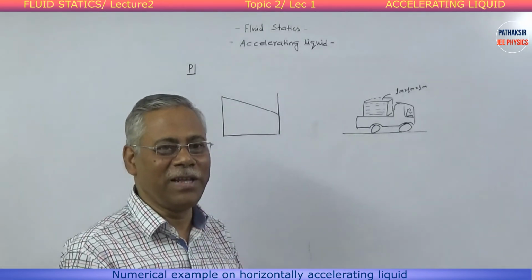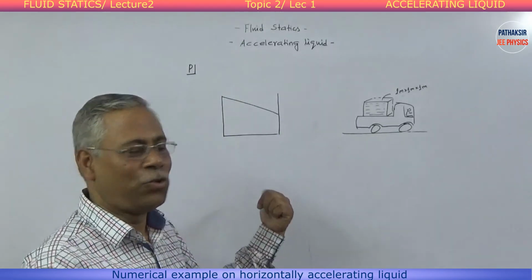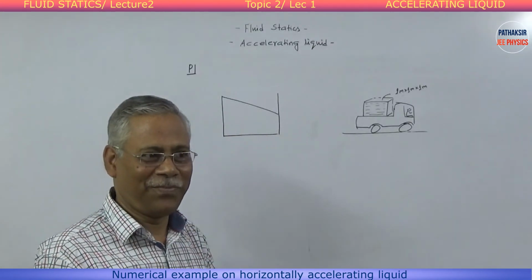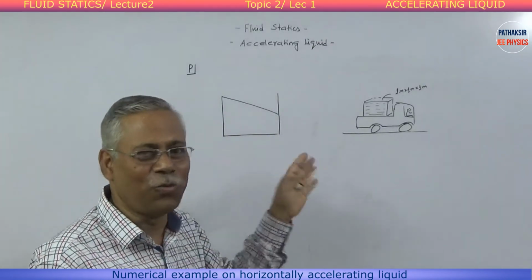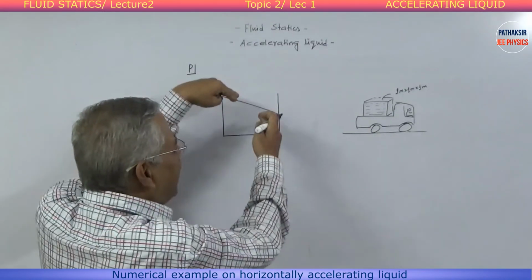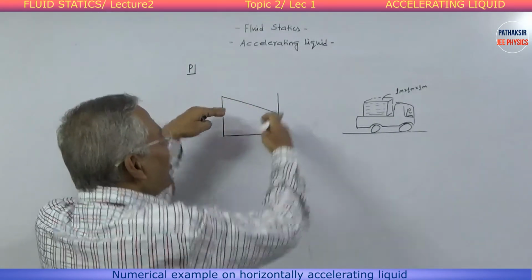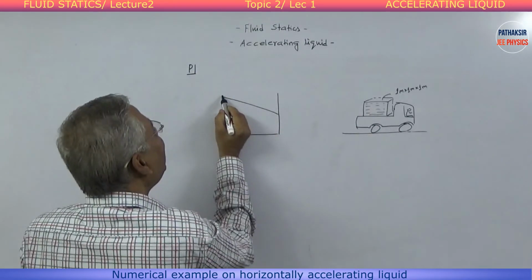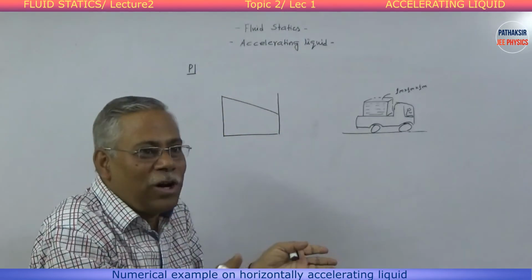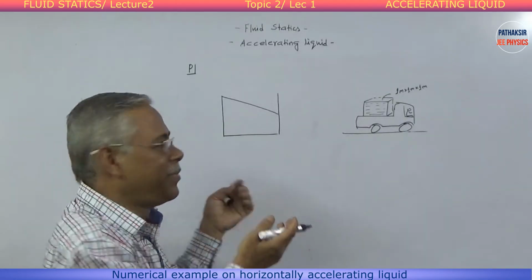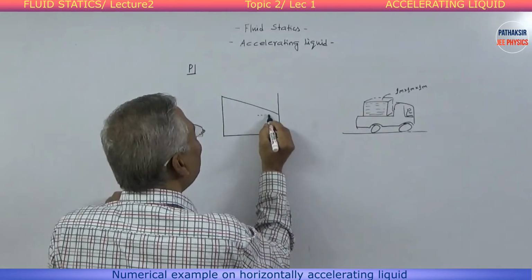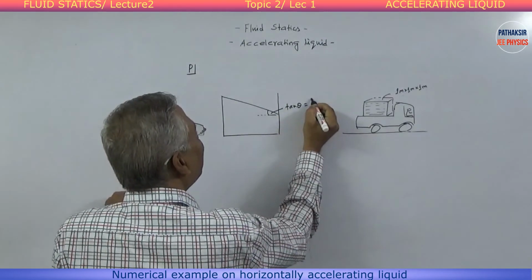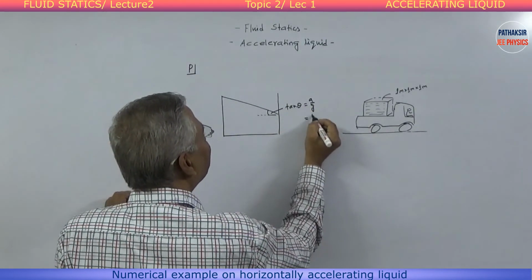This is the extreme. Once it becomes like this, no more liquid will overflow. This tilt may go in the forward direction or the backward direction, but it has already touched the end, so no more liquid will overflow. This is the extreme situation. So this angle is known to you, and tan theta equals a by g.